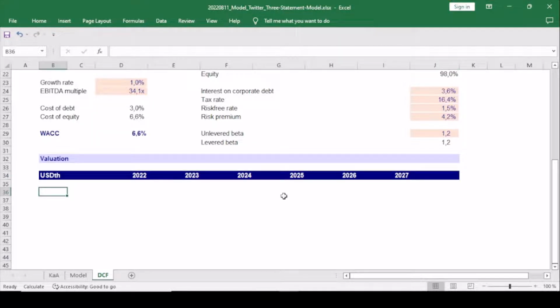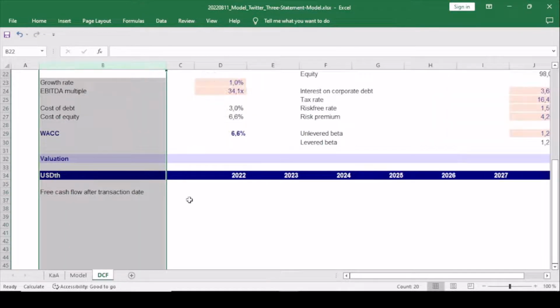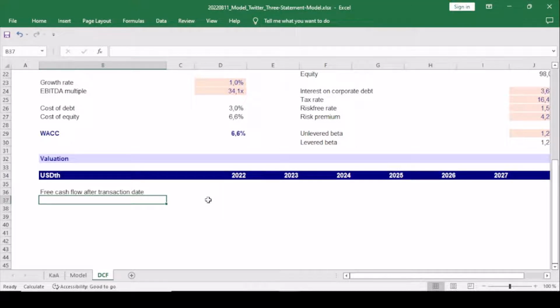For that, we calculate the free cash flow after the transaction date, meaning the pro rata financial cash flow, free cash flow, sorry, which we simply link from above to account for the respective transaction date.